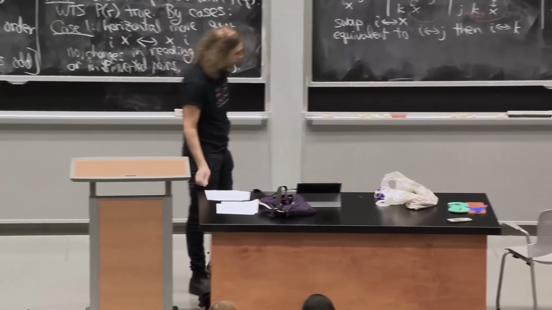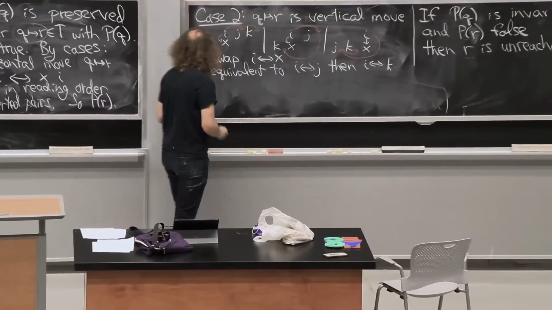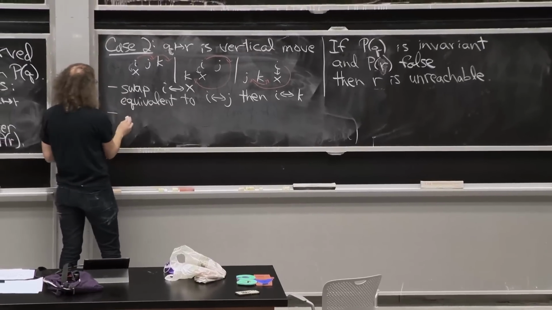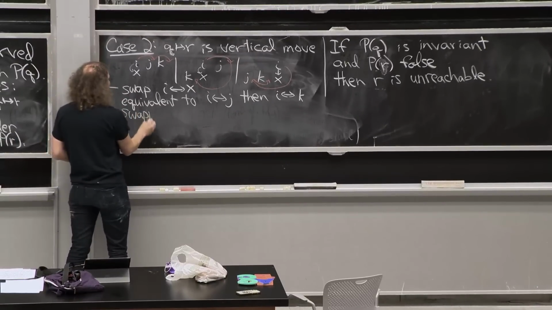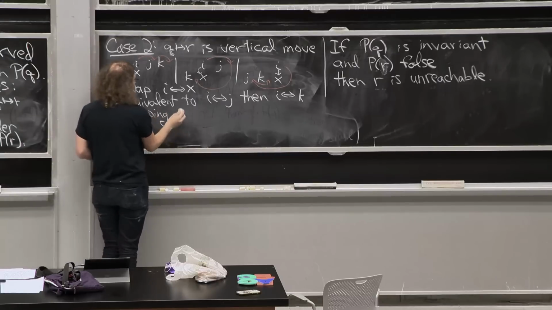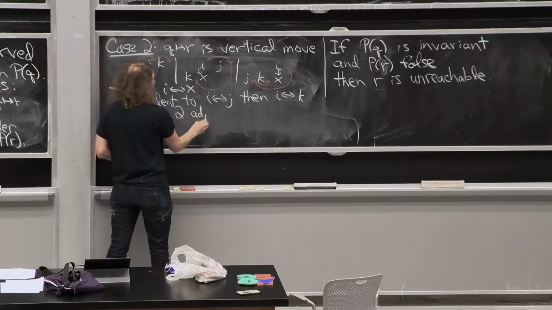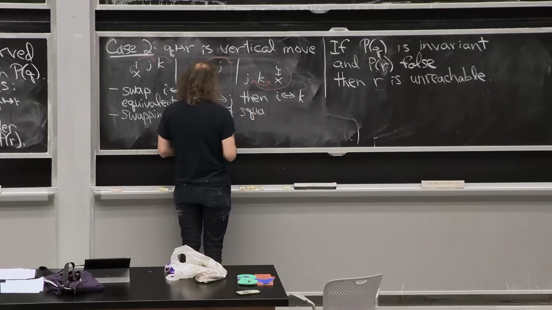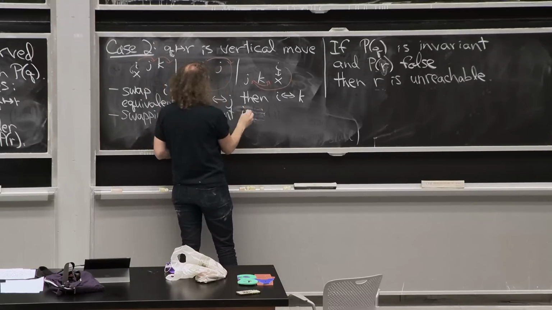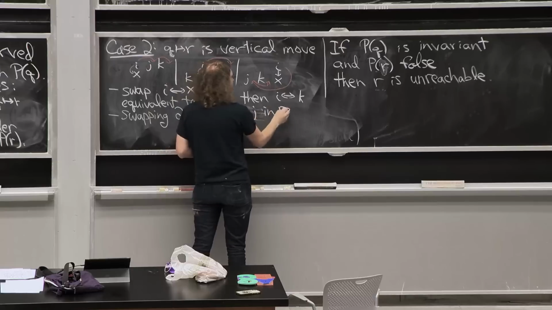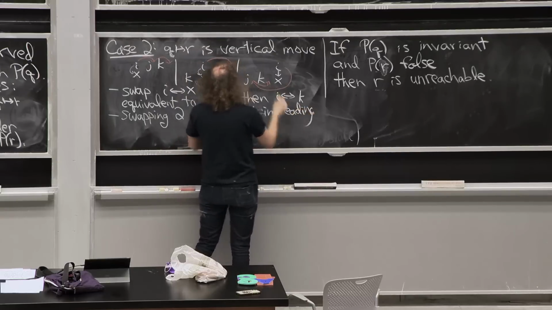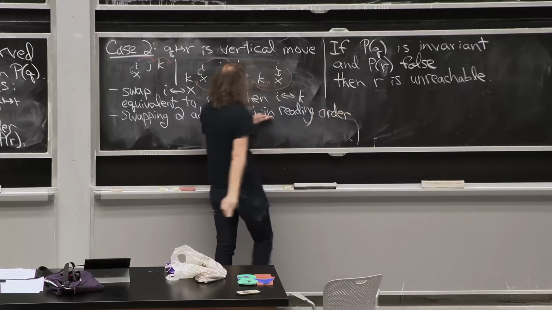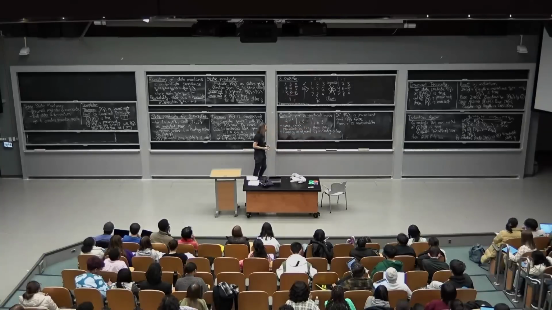So now what we care about is what happens when we swap two adjacent items in reading order. So not adjacent in the 3 by 3 grid, but adjacent in reading order. That's what we care about. If we can solve this and we do it twice, then we will know what happened when we do a vertical move.